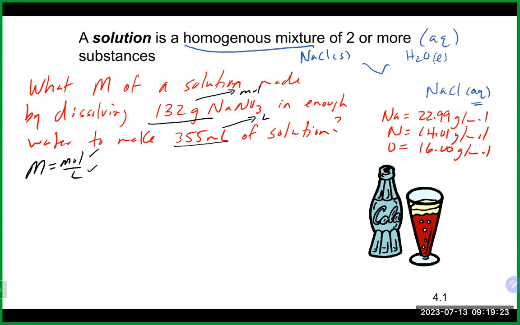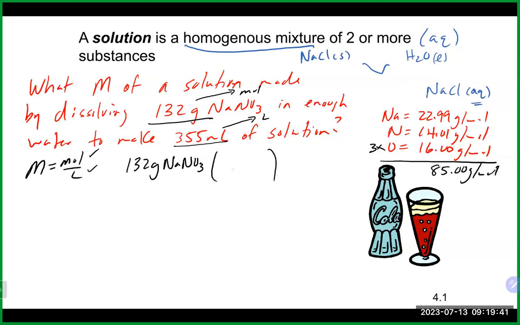So we'll start with the grams to moles. We'll add this up. It looks like we have 3 of those. So I think it's 85 grams per mole when you do that. So we will end up taking 132 grams of sodium nitrate.